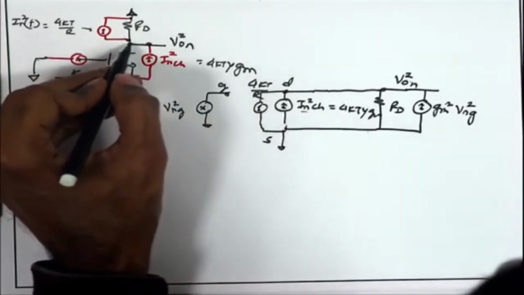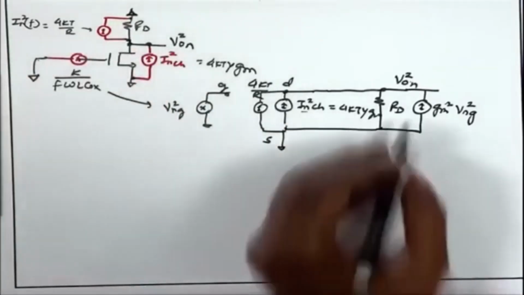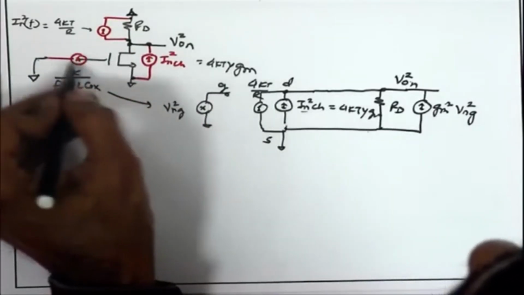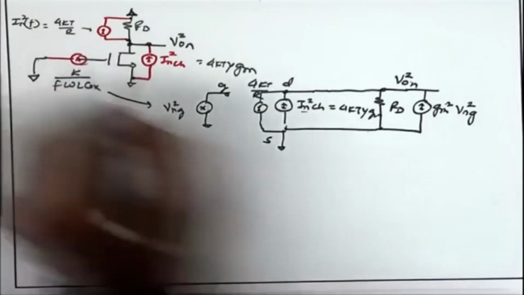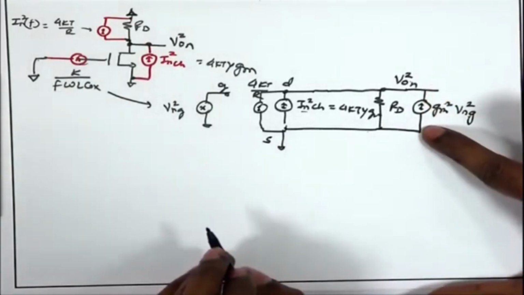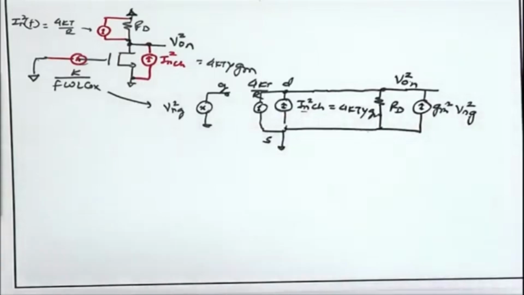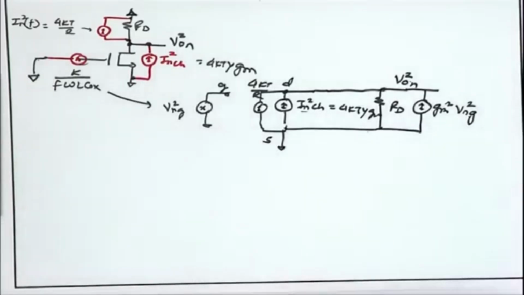RD as usual is between drain and AC ground, and likewise the gm square term, which is going to convert this noise gate voltage Vng square. So, Vng square multiplied by gm square gives you gm square Vng square as a drain to source noise current. So, these are 3 currents that are coming in parallel, and all I need to do is sum them up and multiply with RD square, because these are current square and we need to add up the mean square values of this current.